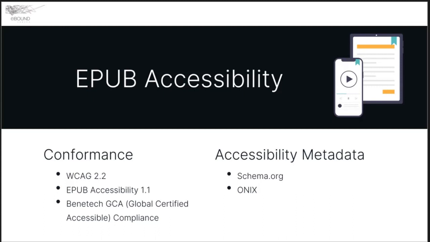And if you're a certified publisher or have gone through Benetech's GCA program, or the Global Certified Accessible program, you can check for that compliance as well. And then, of course, this is also the stage where you add accessibility metadata. You can add it in the EPUB itself with schema.org metadata, as well as in ONIX.